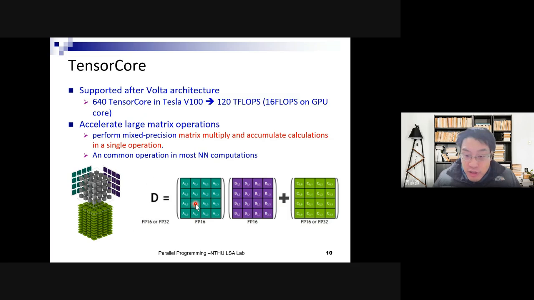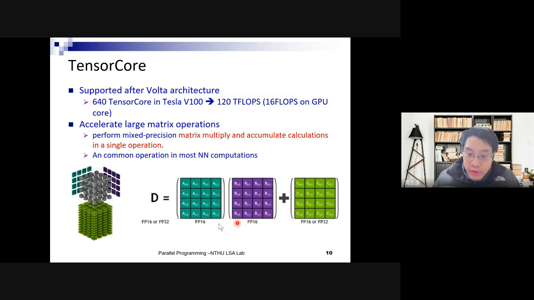So this is much faster than GPU, because you can see the matrix is two-dimensional. That means the Tensor Core has the ability to process a two-dimensional operation with a single instruction. In comparison, if you remember, GPU is only a vector processor.